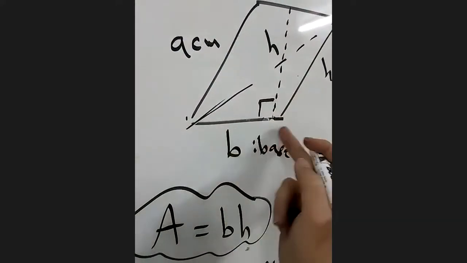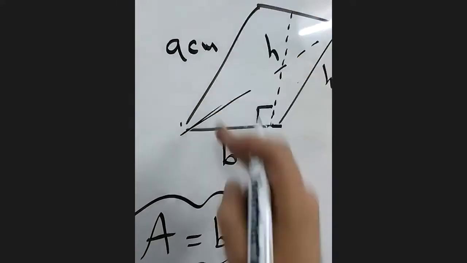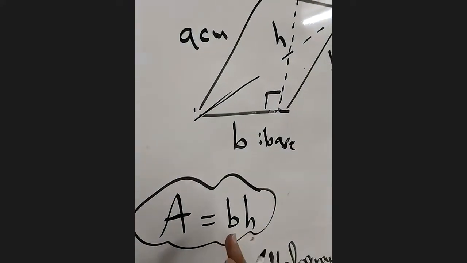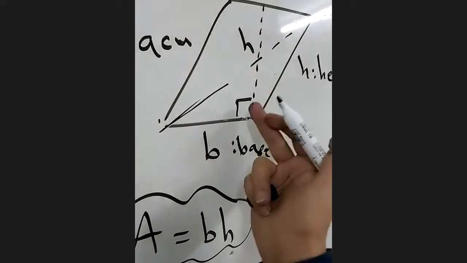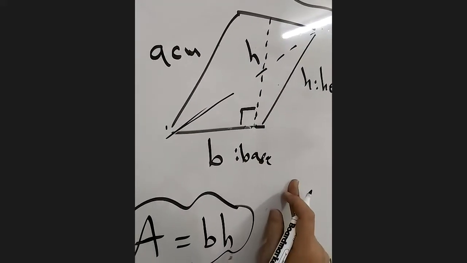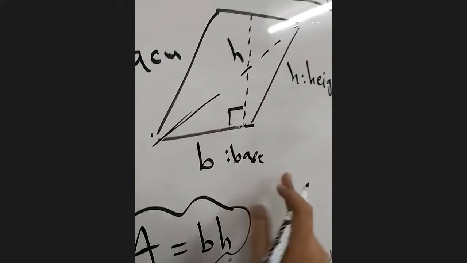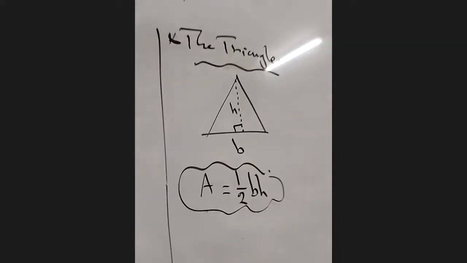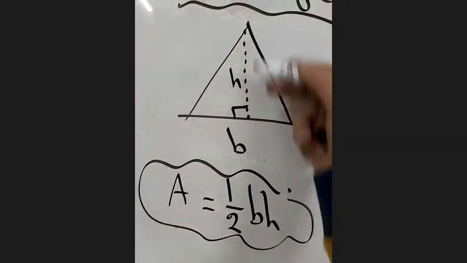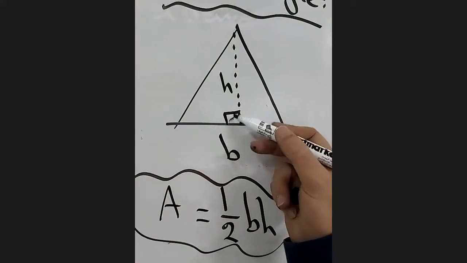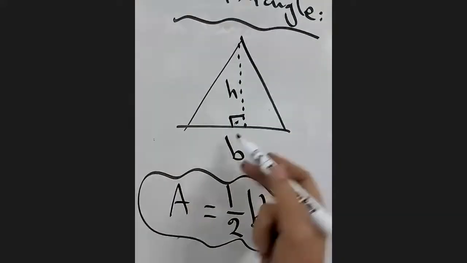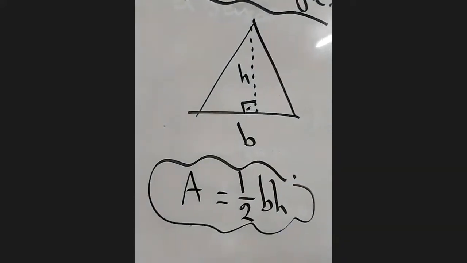The height intersects the base, okay? So this side here is not included in our area. The height has a right angle at the end. So be careful about this height. And this height also. Look here, the height has a right angle and the height intersects with the base.